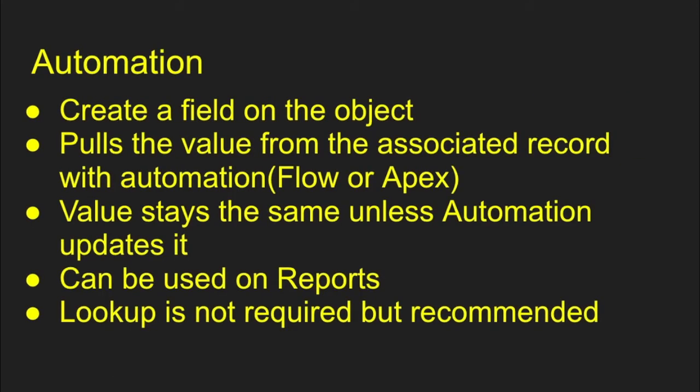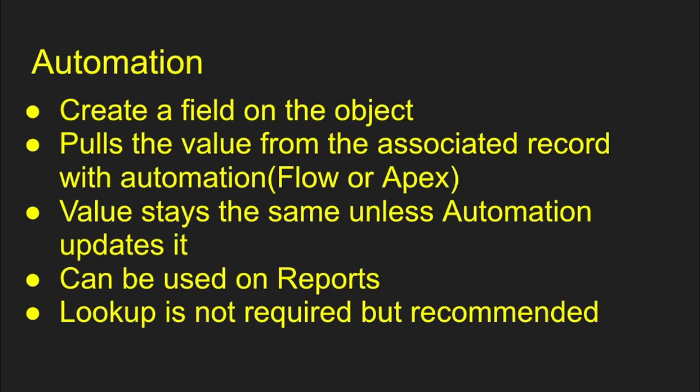The next way we can get values onto records from other records is we can use automation. Typically, you need to create a field to store the value that you want to populate, and then you're going to pull the value from the associated record with some type of automation, be it via Flow or Apex. Even approval processes can do some of these things. The nice thing about this is the values can stay the same unless the automation updates them.